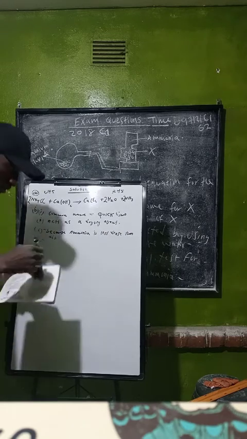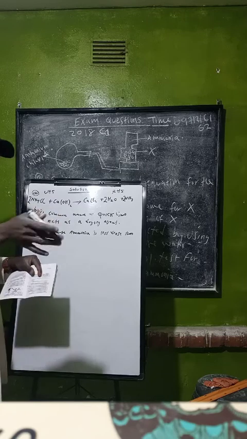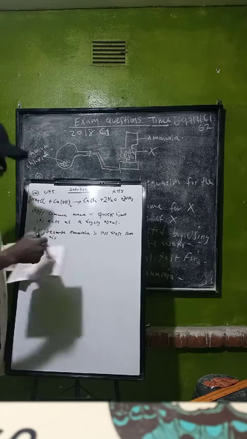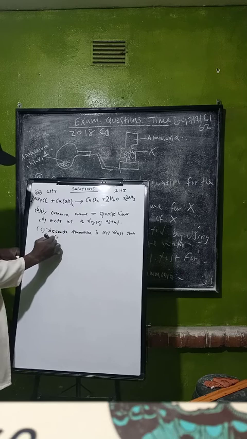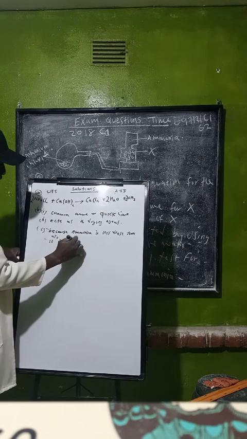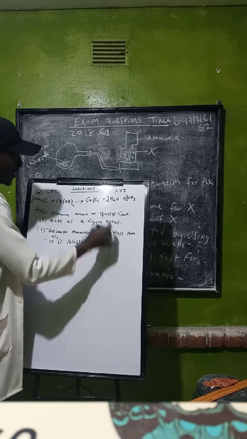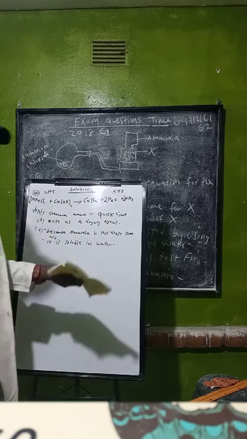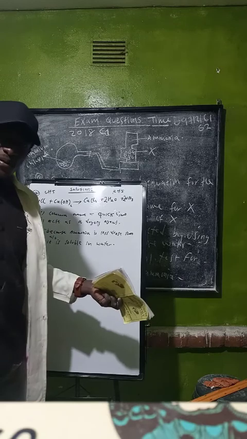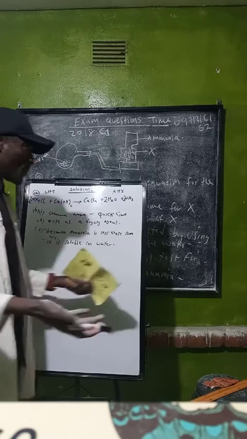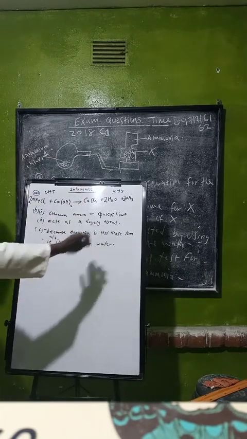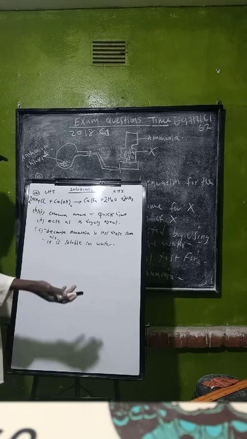The other reason it is not collected above the water is because it is soluble in water. Remember, if it dissolves in water, then you are not going to separate the ammonia, because you are interested in the ammonia.